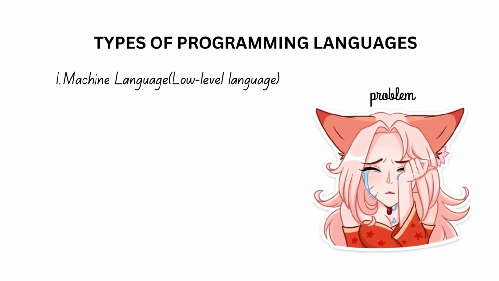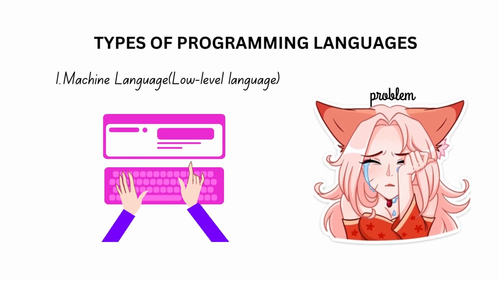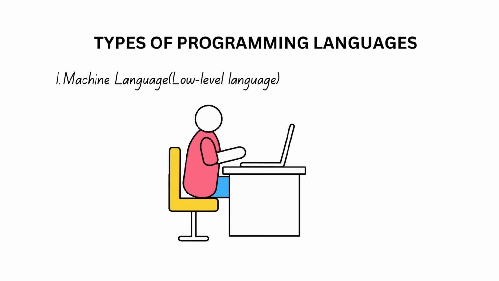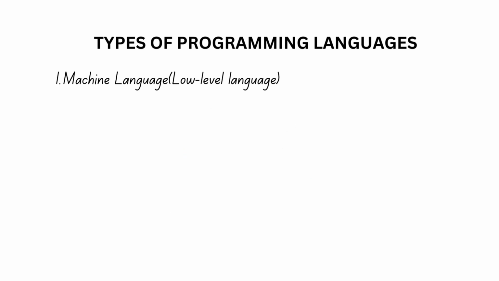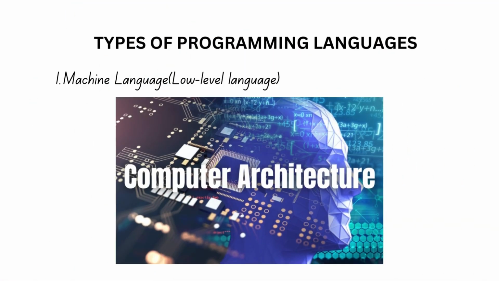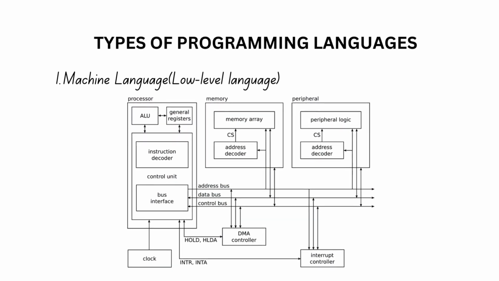But the problem with this machine level language is that in order to program in it, one has to know everything about the computer, because here the programmer is interacting directly with the computer hardware and memory. So one has to know about the computer architecture, the computer processor, everything needs to be known.